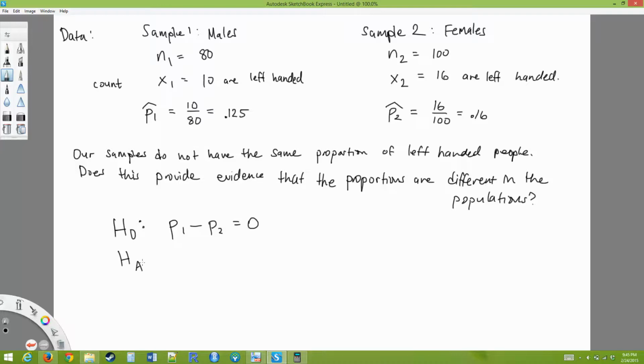And then the alternative would be that P1 minus P2 doesn't equal 0. So the null says the proportions are the same, and the alternative says the proportions of left-handed people are different.